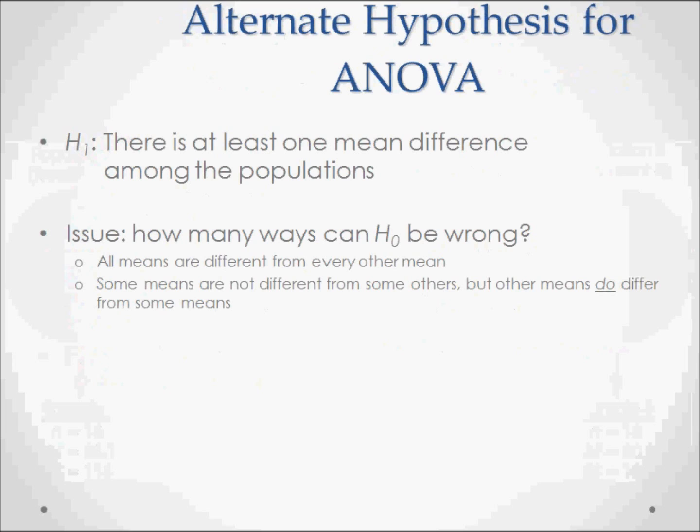So you don't need to specify which mean you predict is going to be higher than which other mean. That's not what the ANOVA is testing. It's testing just whether or not there's any mean difference. Okay, so it can be wrong with just one group being different from one other group, or all the groups could be significantly different. There are many ways that the null hypothesis can be rejected.